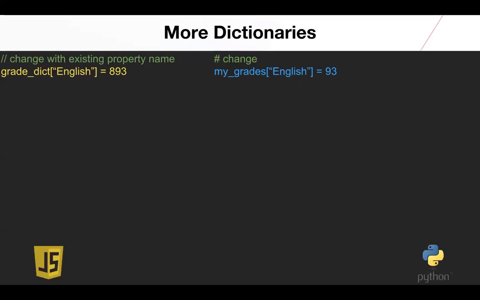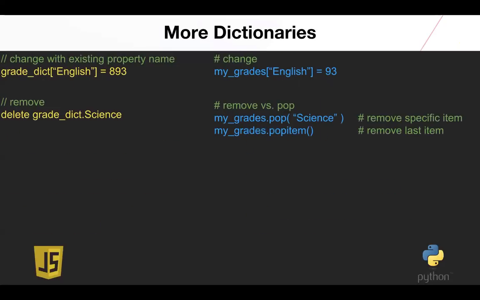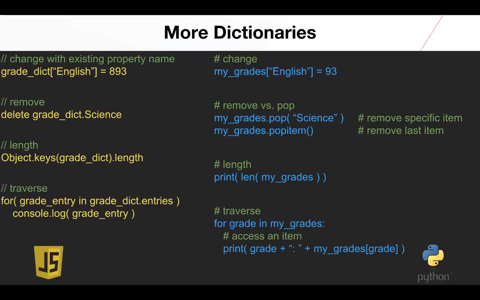It will update the existing value so that English grade that was a 91 will change to 93. And there's a couple ways we can remove. We can either remove a specific item by specifying the key, or we can pop to remove the last item, pop item. And like all the other collections we've seen, length is accessible to us and we can traverse with a for loop.